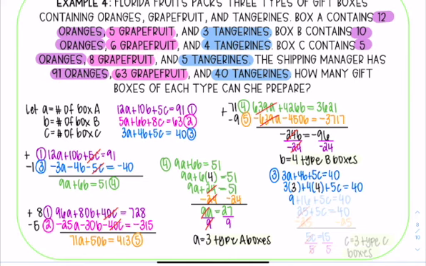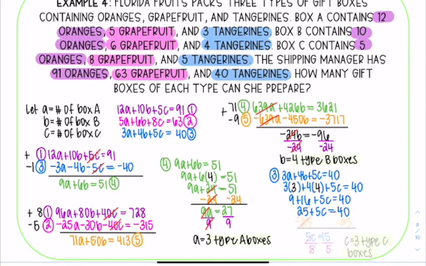This ends up giving me 9 plus 16 plus 5C equals 40, or we get 25 plus 5C equals 40.